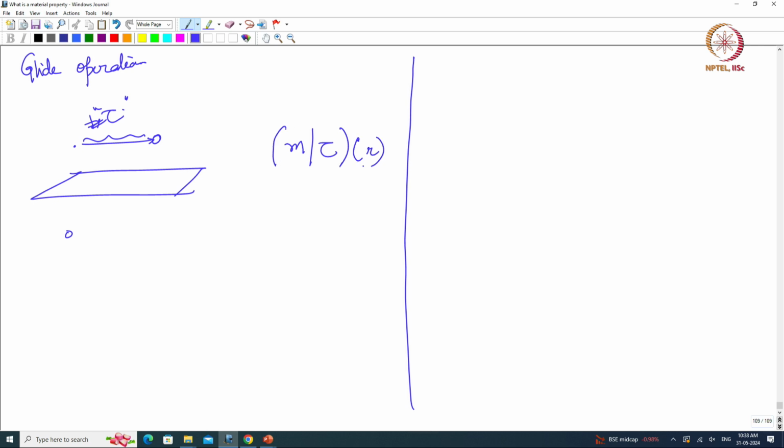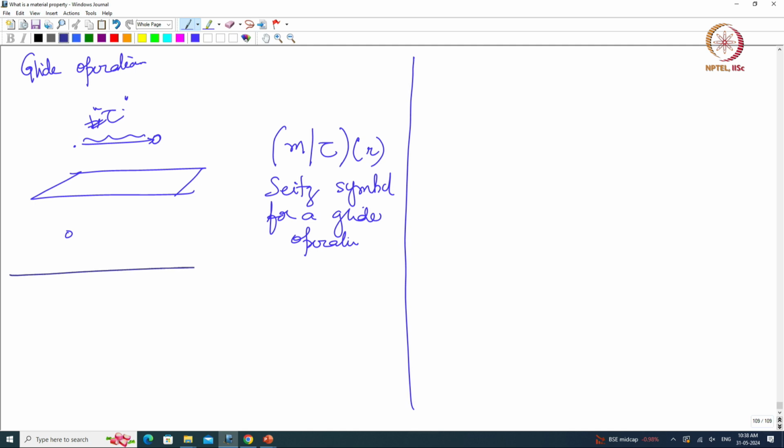Okay. So, this is my symbol for a glide operation. So, I mirror and then I glide, right. So, I glide using a certain translation vector. Okay.